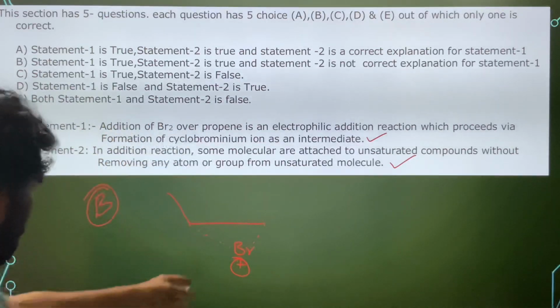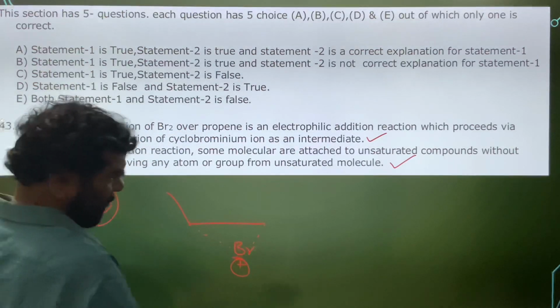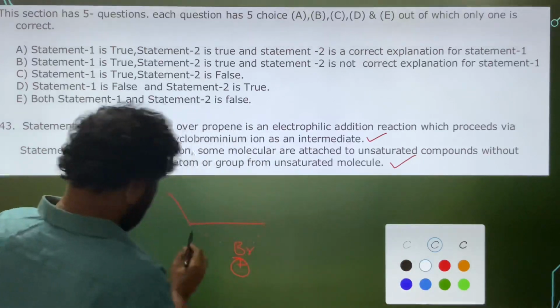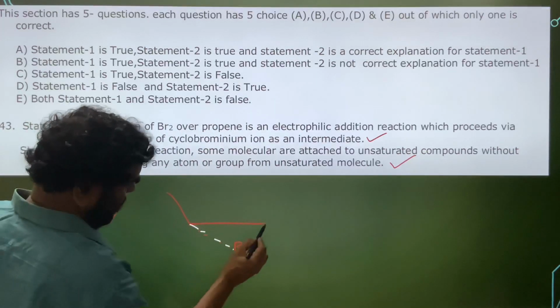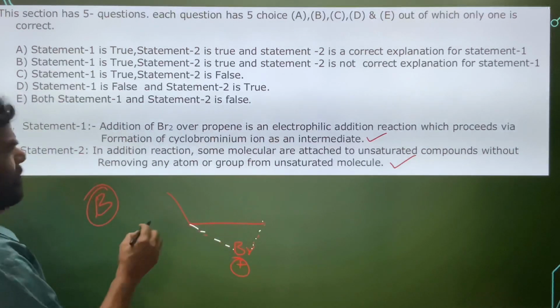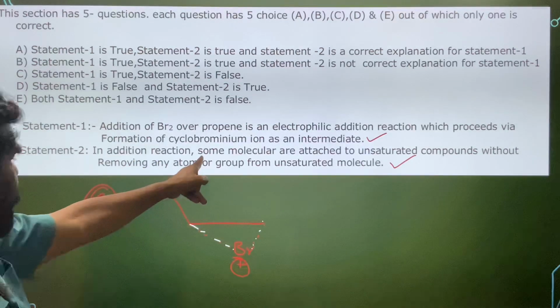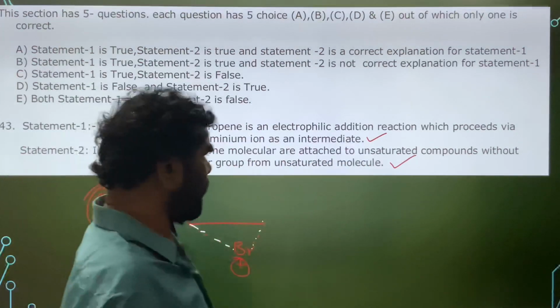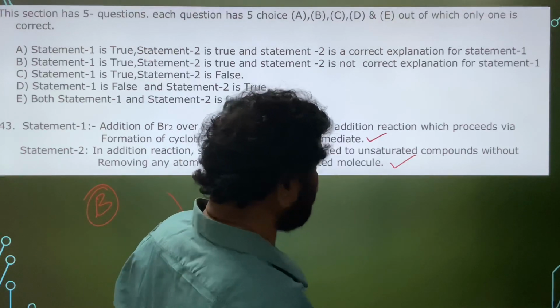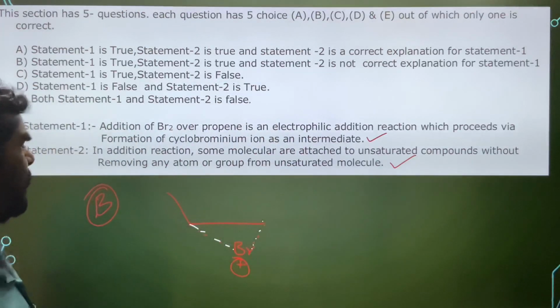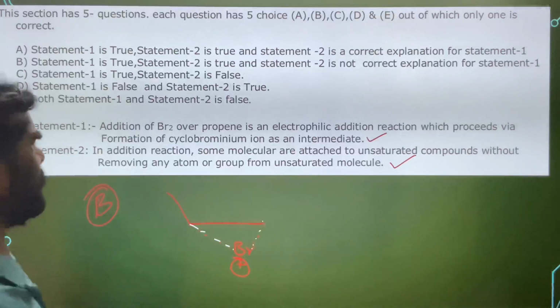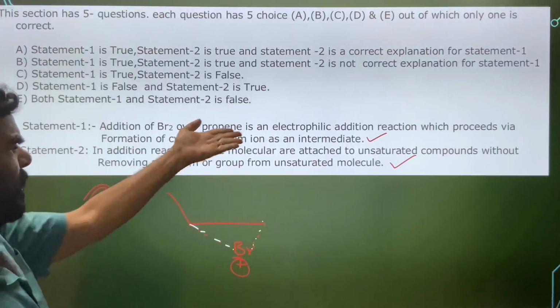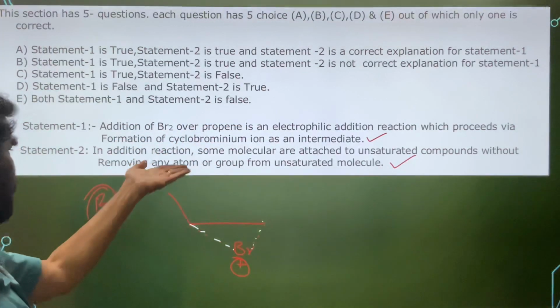Addition of bromine on propene. Yes, it is a C. A cyclic bromonium ion is formed. This is correct. In addition reactions, some molecules are attached to unsaturated compounds without removing any atom. The addition reaction definition is given. In what way is this concerned? Formation of the cyclic intermediate and addition.